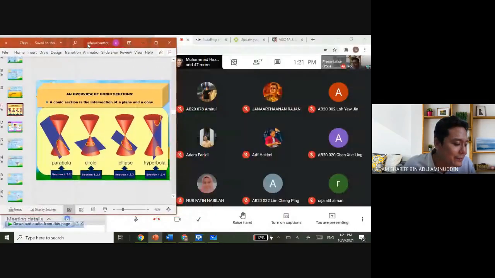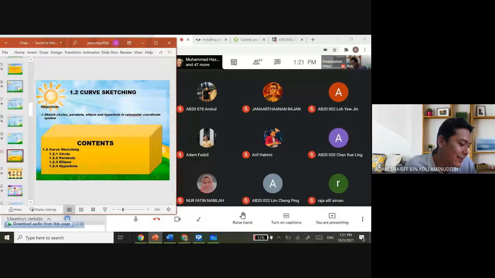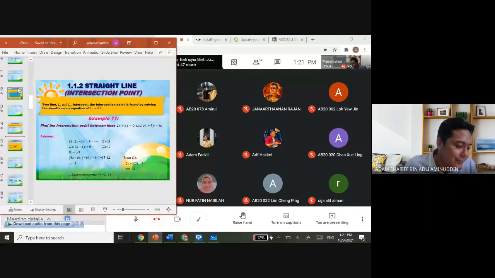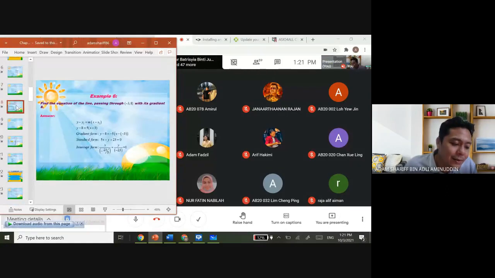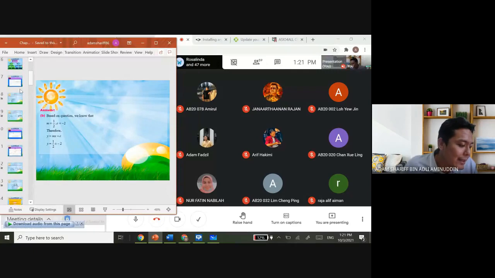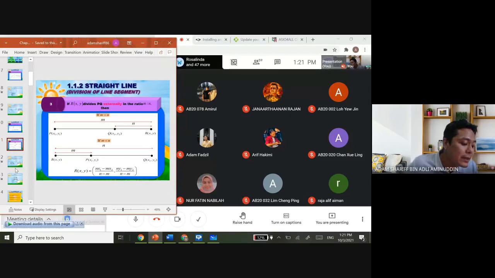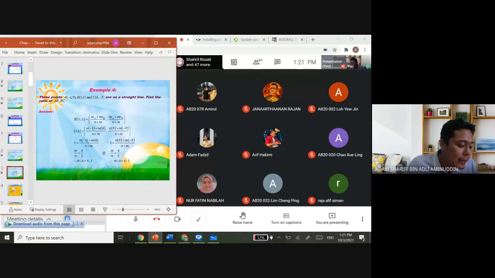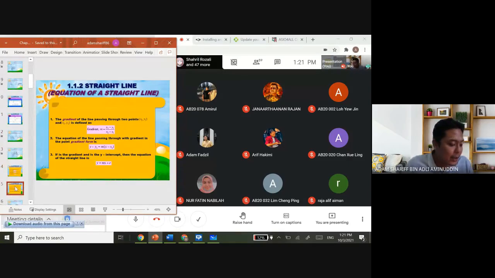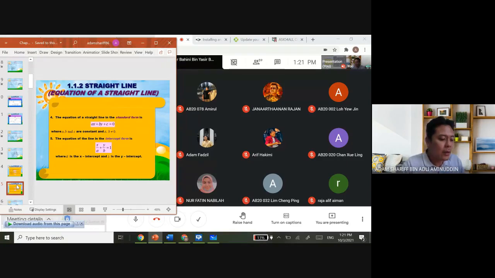Okay, hari ni kita masuk circle je, connect session kita masuk circle je and then kita buat latihan, bagi masa untuk kamu buat latihan. Okay, this slide dia cakap: the equation of a straight line in the standard form is ax plus by plus c sama dengan kosong, where a, b, c are constants, a and b cannot be zero.